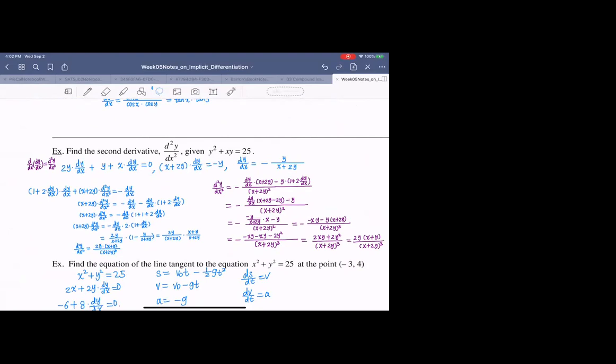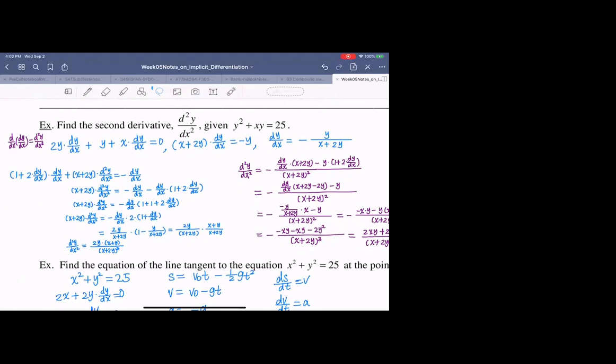Can you go through the second to the last line for the one? Sure.